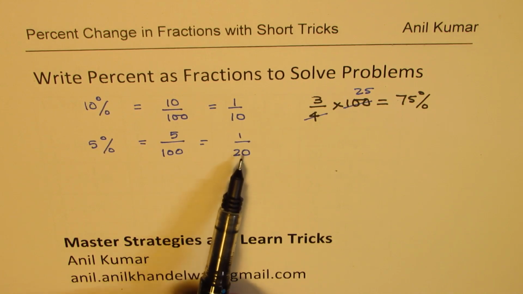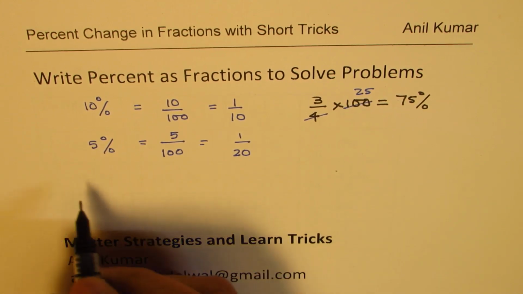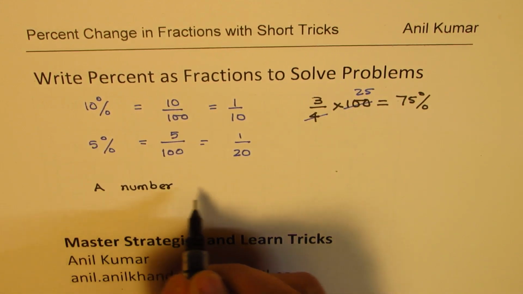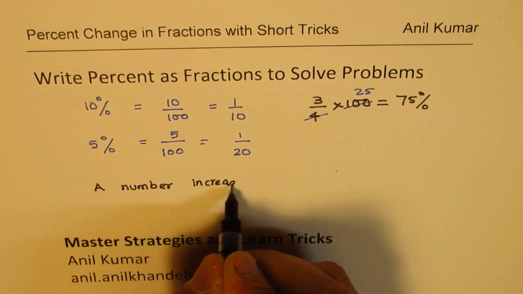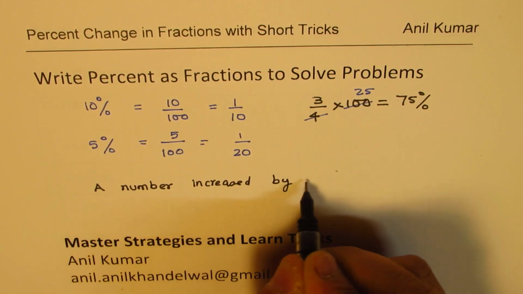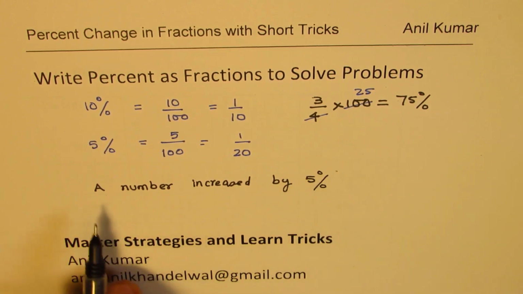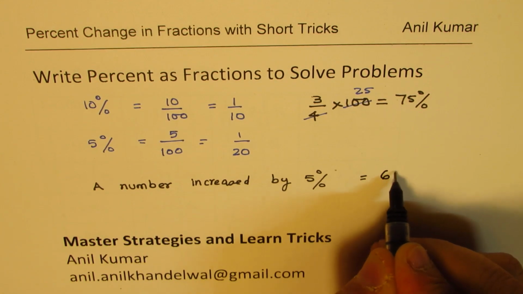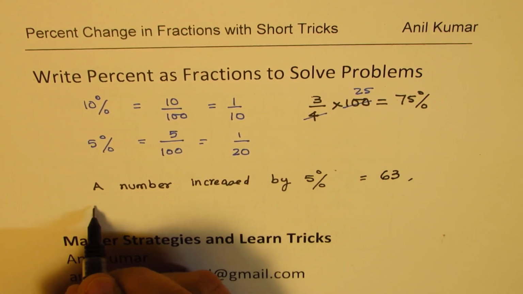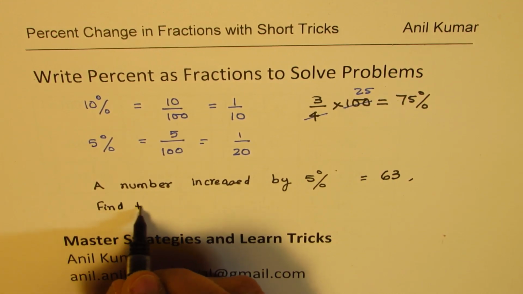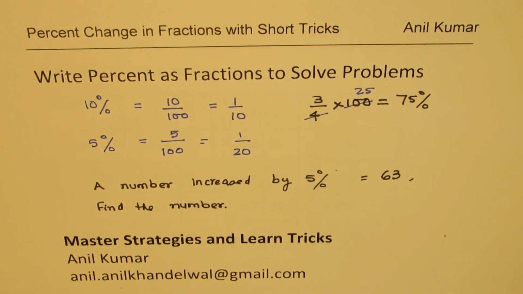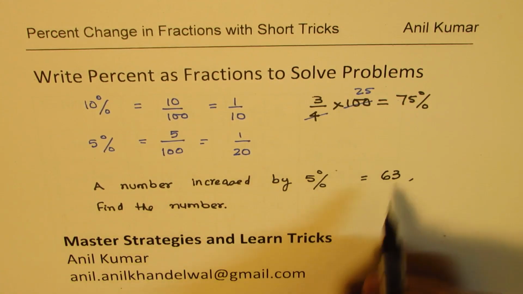Now what we notice here is that solving problems related to percent change is better when you convert them to fractions. To give you an example, let us say a number increased by 5% is equal to 63.